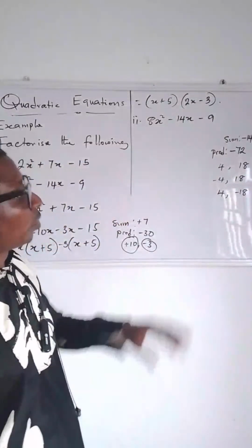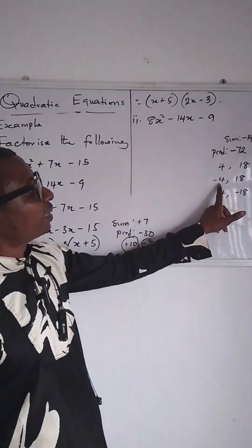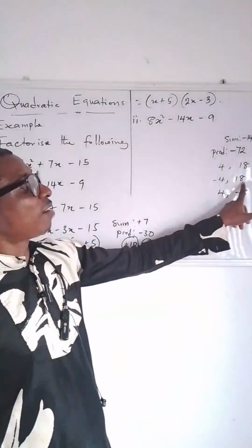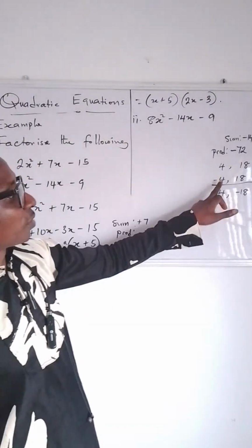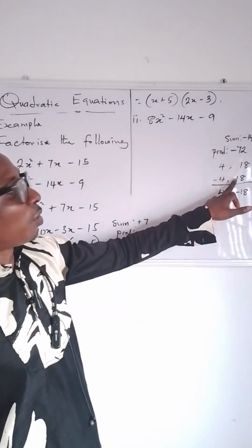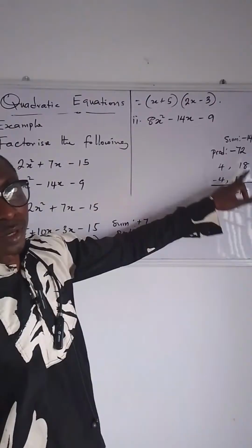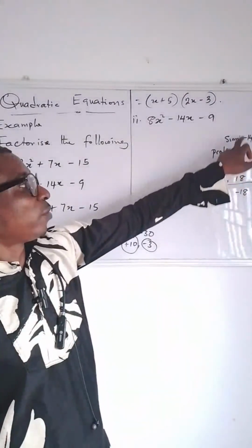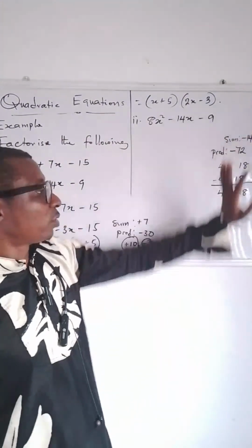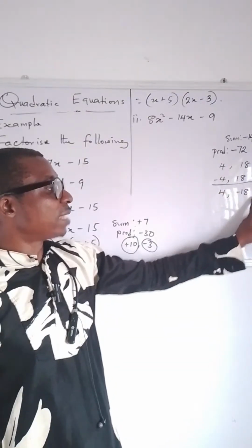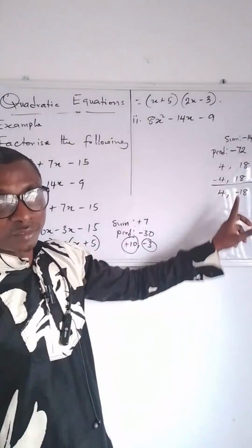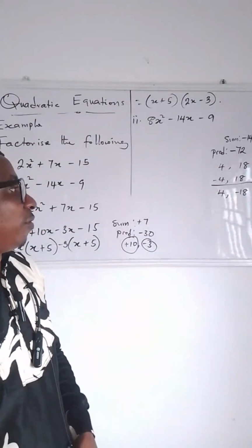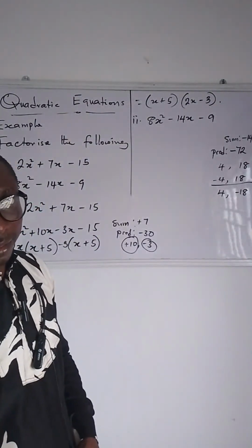All right, so now when you add this and this together, you are going to have plus 14 minus 4 plus 18. That gives you plus 14. And what I have here is negative 14. So now this is going to be the answer. So plus 4 minus 18. That gives you minus 14. Is that clear? All right.